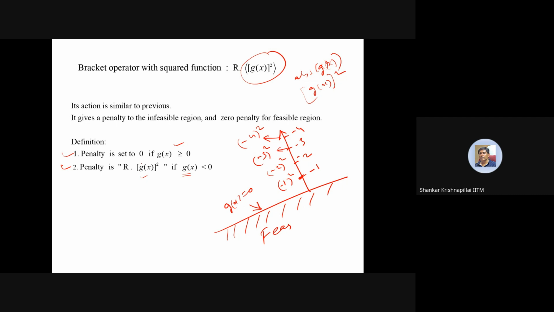So this bracket operator with the square of g of x follows the same concept as the previous bracket operator penalty function, but the values of penalty are much more. Much more severe penalties are imposed by this square of g of x. So it is hoped that the algorithm will more quickly move towards the feasible region.